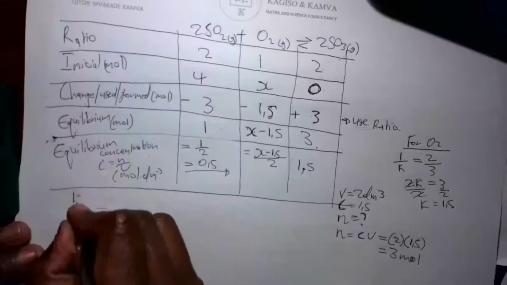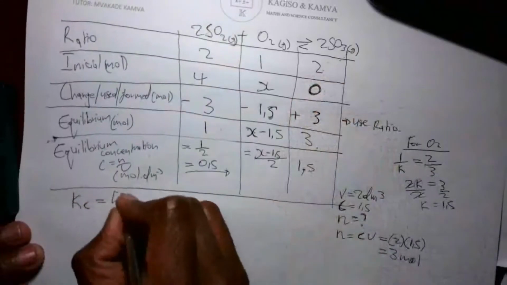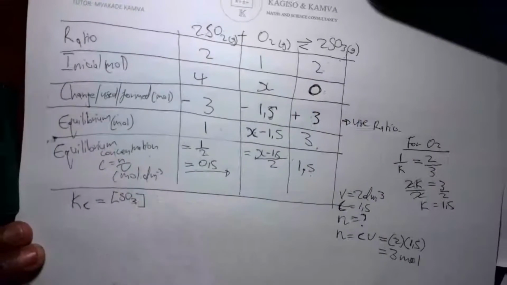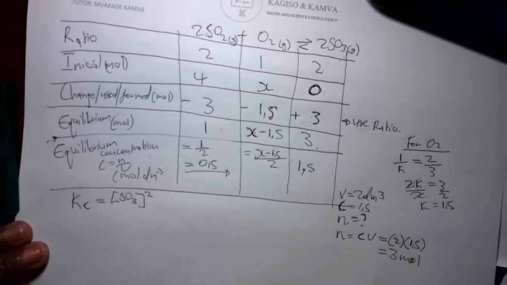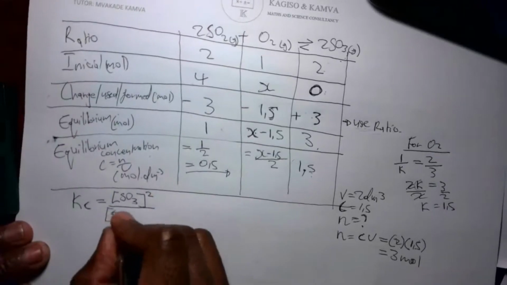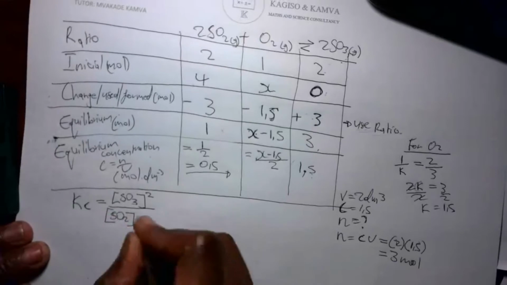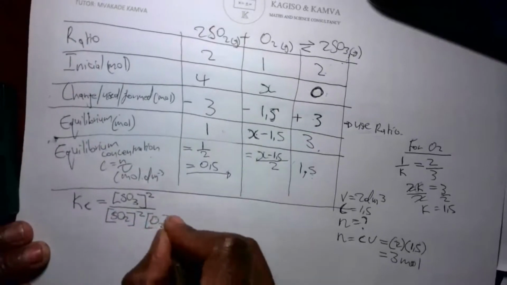Now Kc is going to be equal to SO3 what? Squared, over SO2 what? Squared, and the concentration of O2.